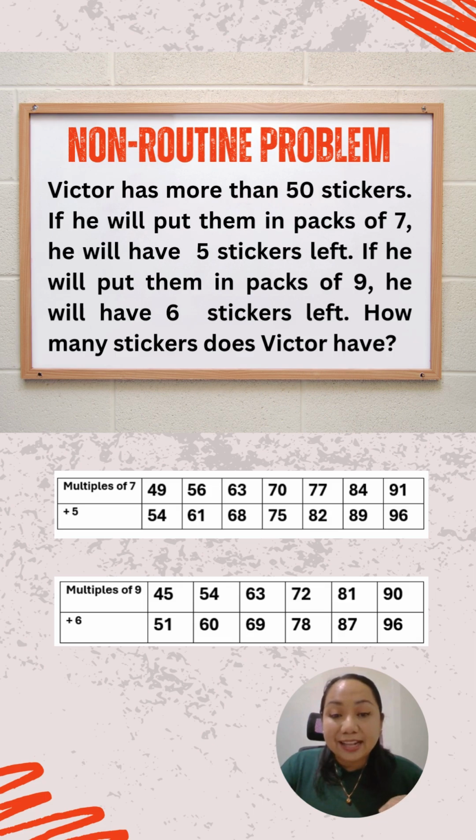And then, if I add 6 to them, I will get 51, 60, 69, 78, 87, and 96. Again, note that I started with 45 because if I add 6 to it, we will get 51, and 51 is more than 50.